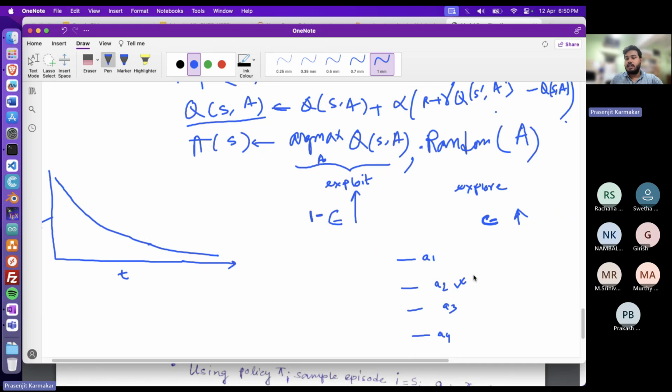Now I know that A2 is the argmax or the best action. Its probability is 1 minus epsilon already. Others would have epsilon divided by mod A, a non-zero probability. And because I'm taking random action, the optimal action would also have that extra epsilon divided by mod A probability. So with some probability you explore other actions, and with some probability you also pick the optimal action.